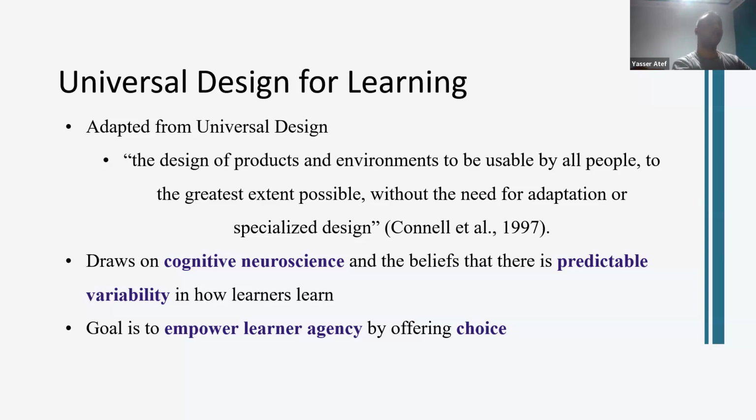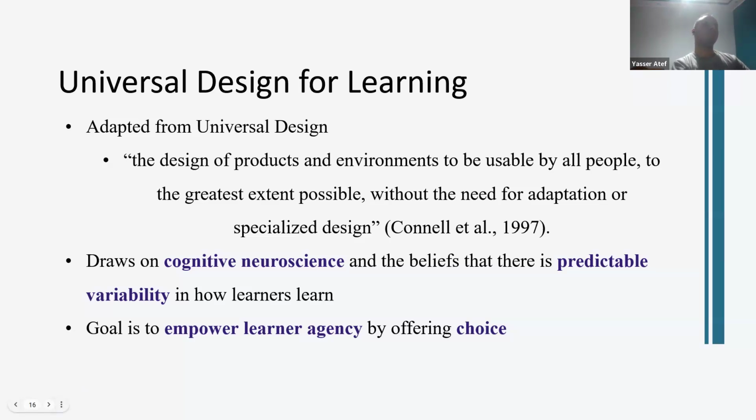And the goal from all of this is to empower learner agency, and learner agency is a big aspect, and to offer them actual choices as to how they would like to learn. Because if you're assigning your students infographics without making sure that you have an alternative accessible assignment, then you're creating a barrier.